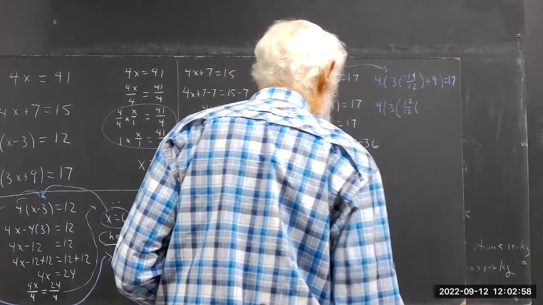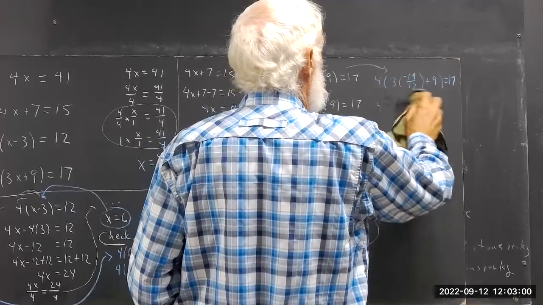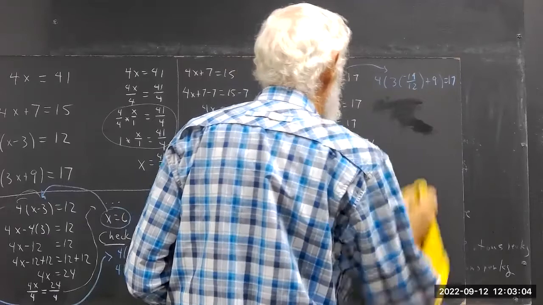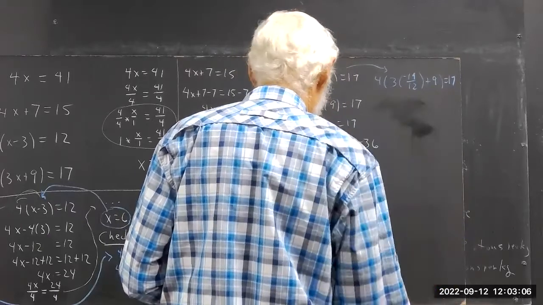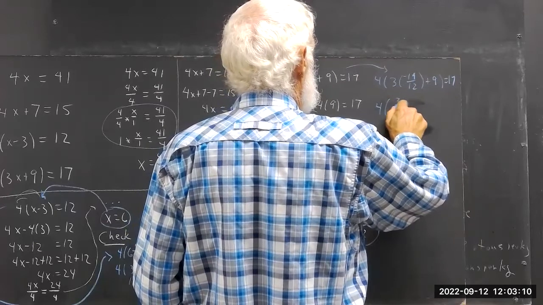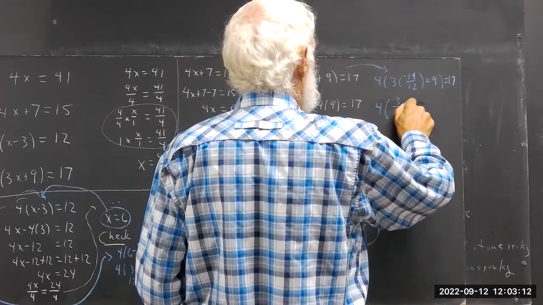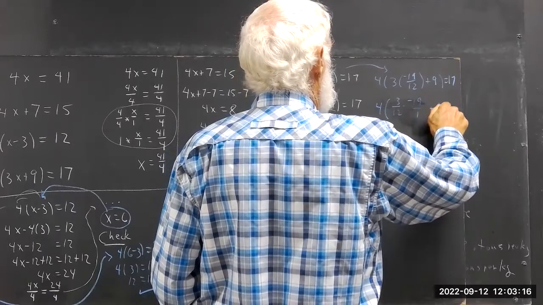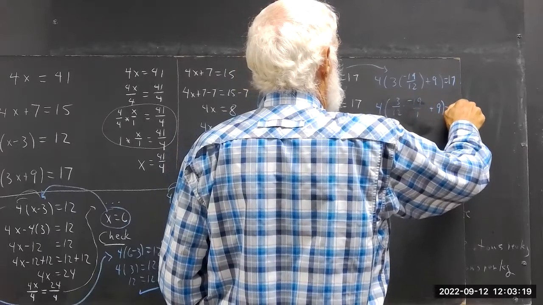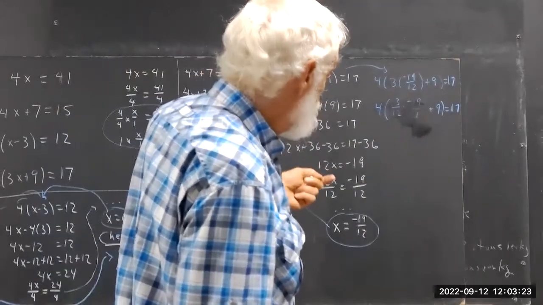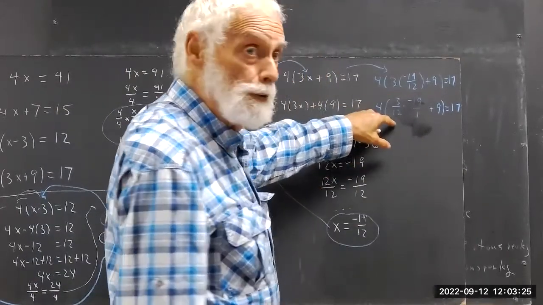I'm not going to write that out. Write out this. Why do I write it like this? Because I know I can divide 3 into 12, right?